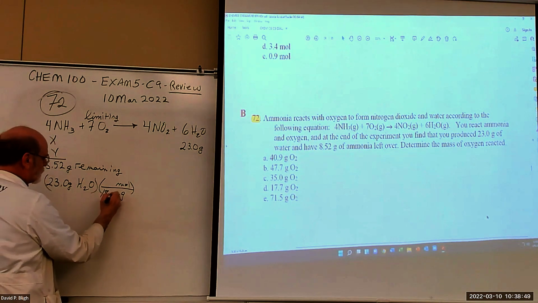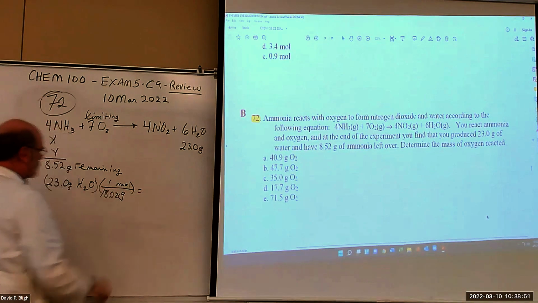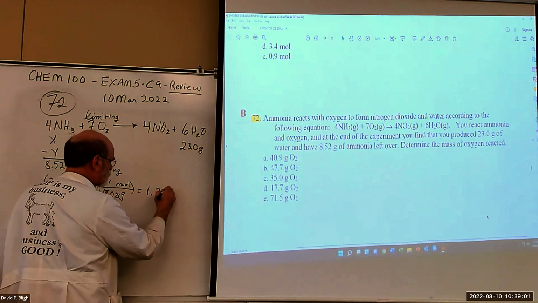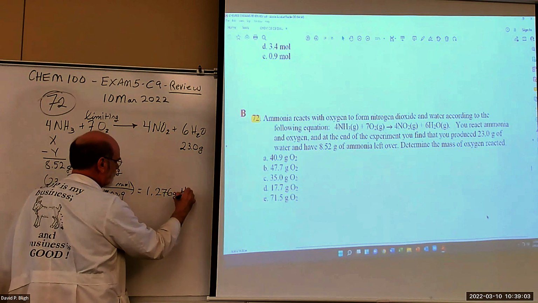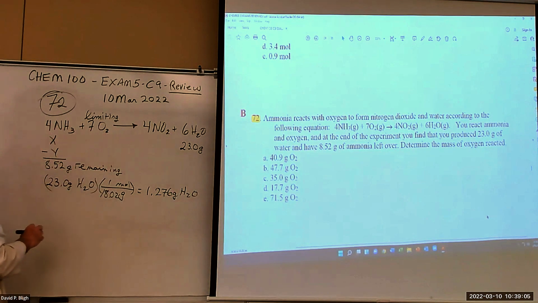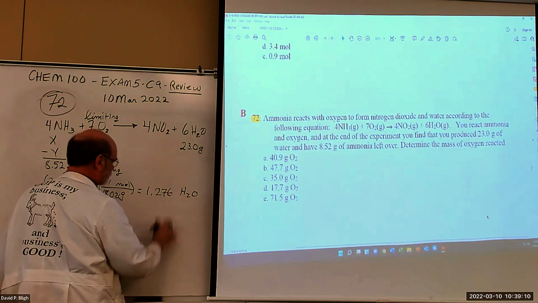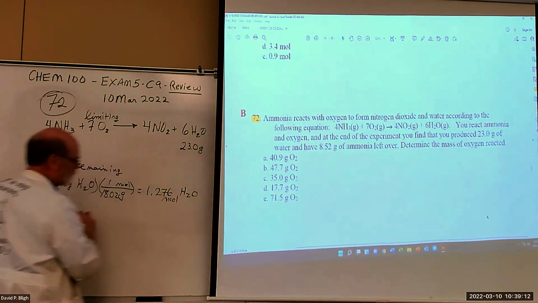Okay, 18.02. I get 1.276. 1.276 moles of water.